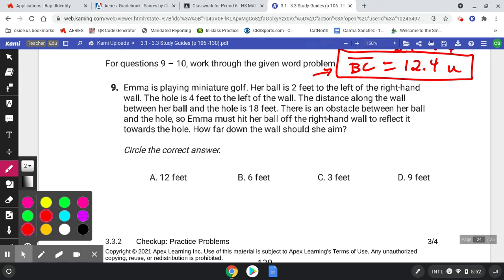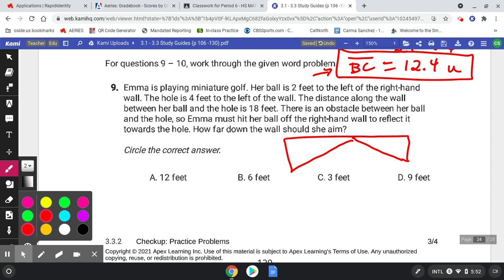So we're going to set up a proportion. I would love if you actually could draw out a diagram of this, where it's 2 feet to the left of the right wall, 4 feet to the left of the wall. The distance along the wall between her ball and the hole is 18 feet, and there is an obstacle between.